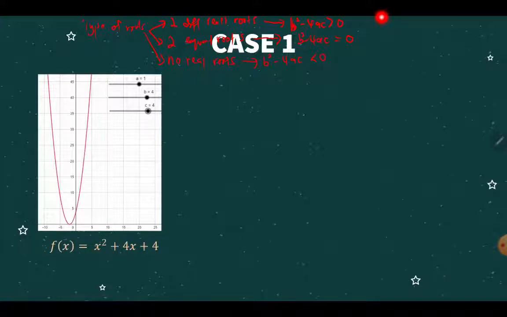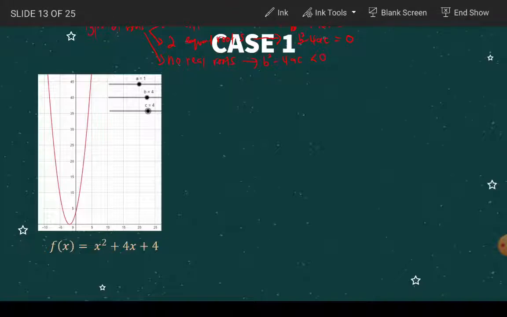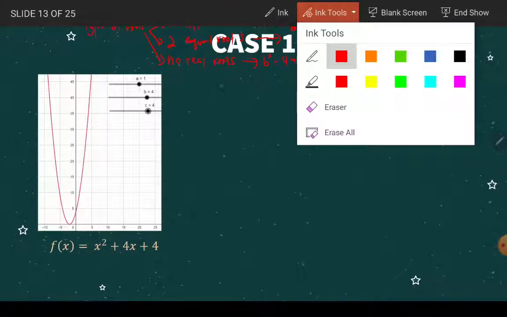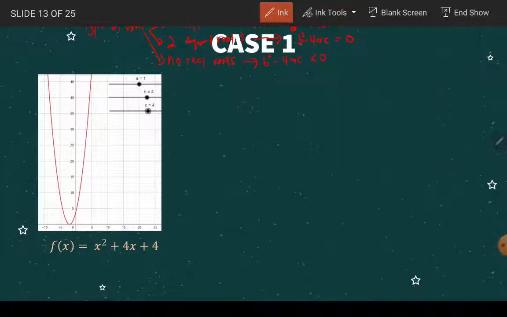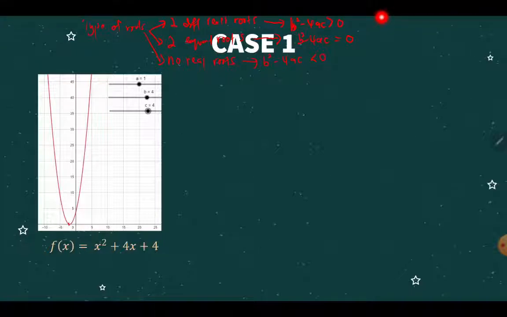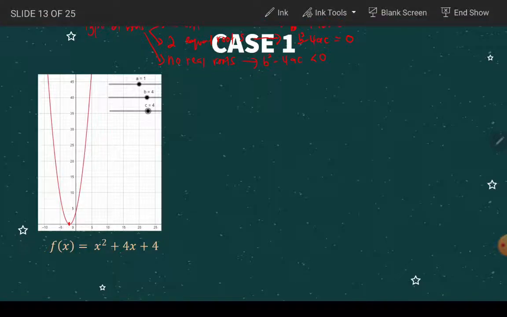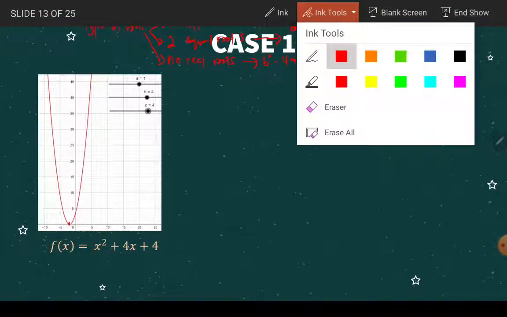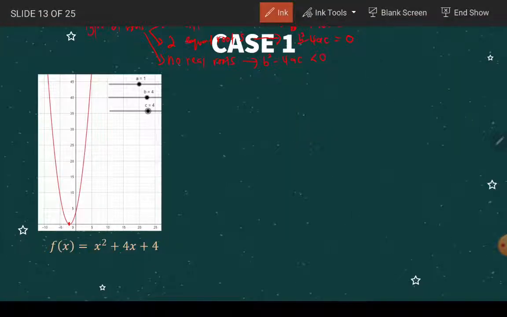So, from this graph, let me change the color of the ink. We can see that it touches one value here, and there.